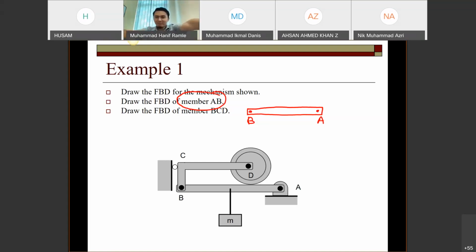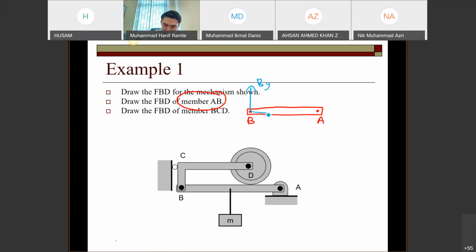Okay, maybe someone can help him. How many reactions at B? Okay, 2 reactions. Which direction? At B, we do have 2 reactions, X and Y axis, yes, correct.